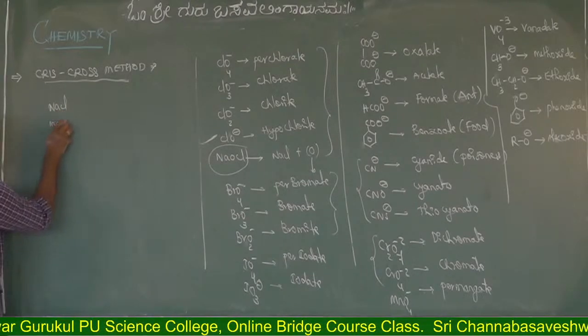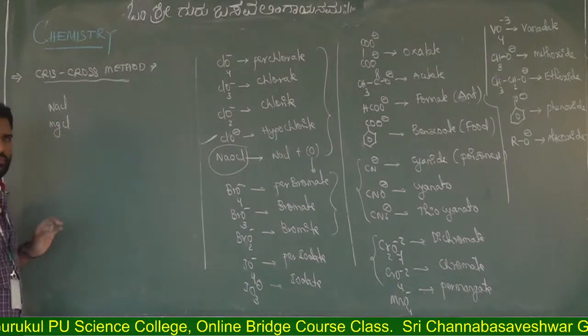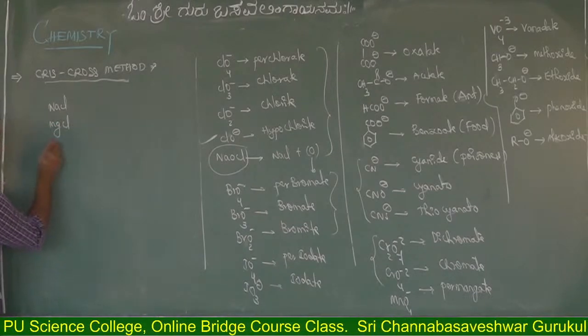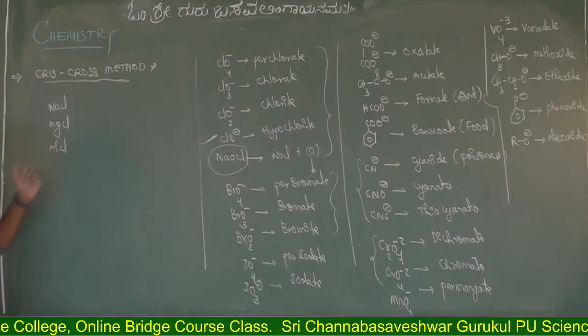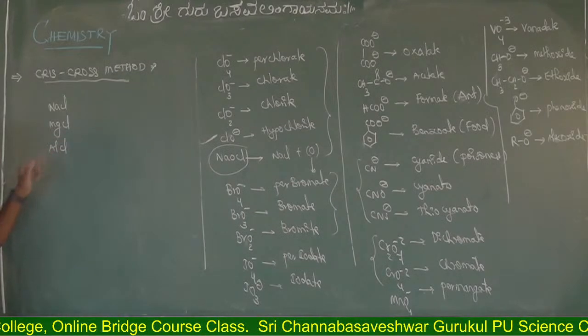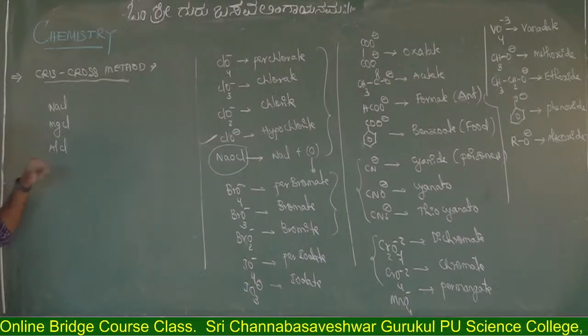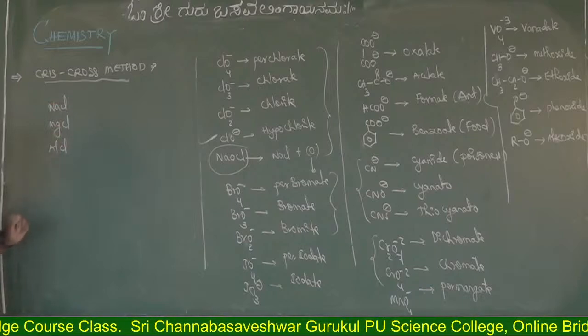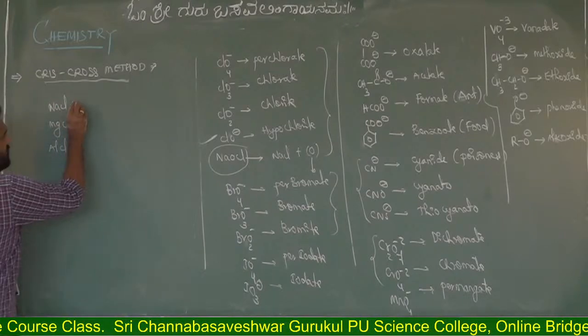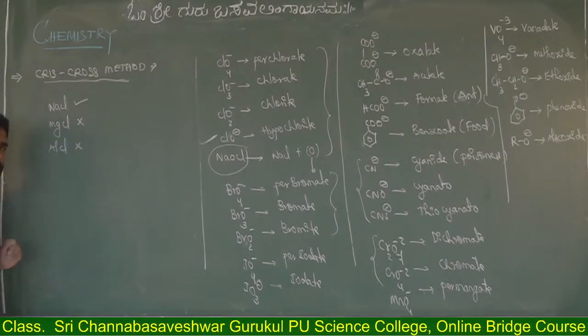Next, magnesium chloride: one student will write MgCl, that's it. Aluminium chloride, AlCl, that's it. Now, is it correct? Only sodium chloride is correct, but the magnesium chloride and aluminium chloride formulas are wrong.